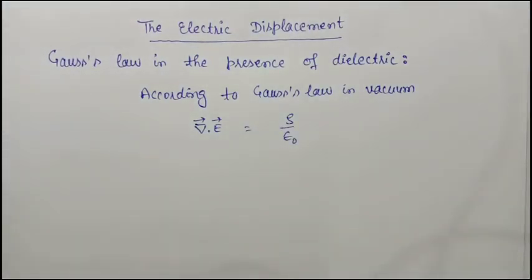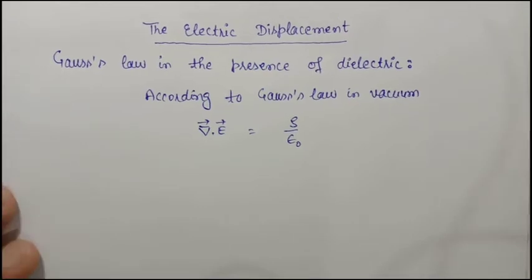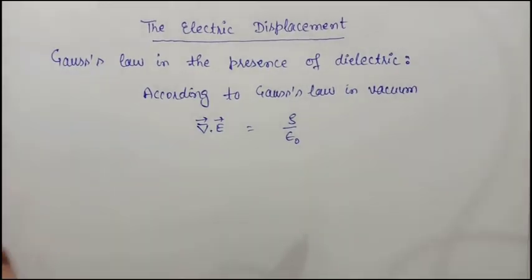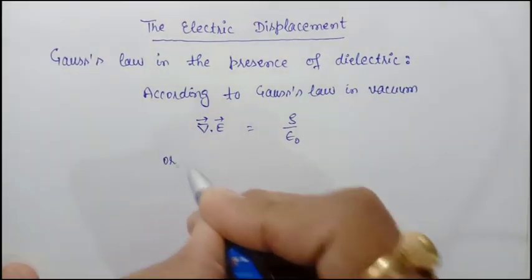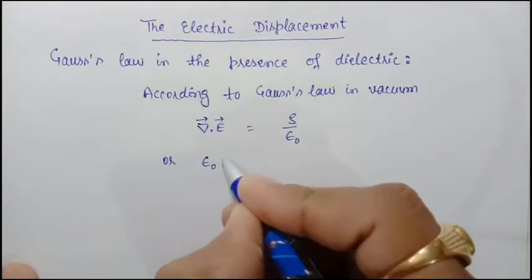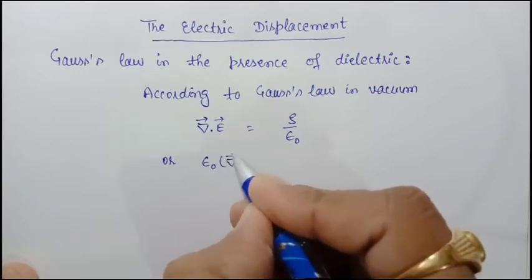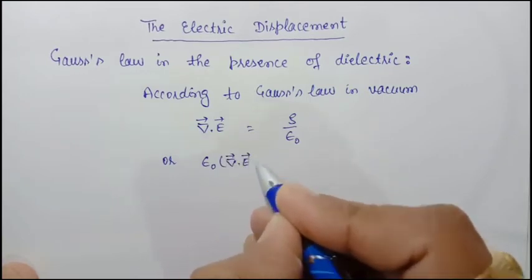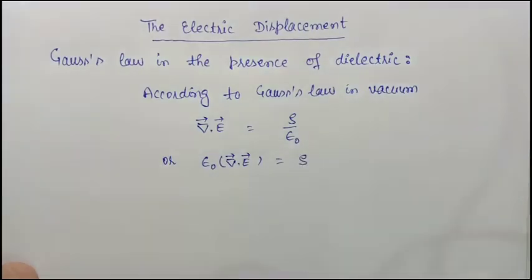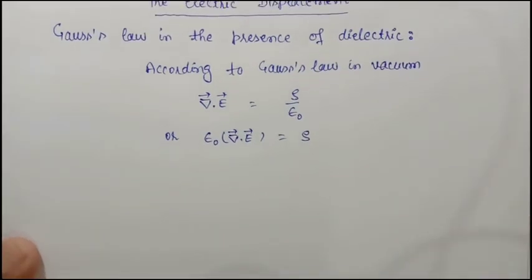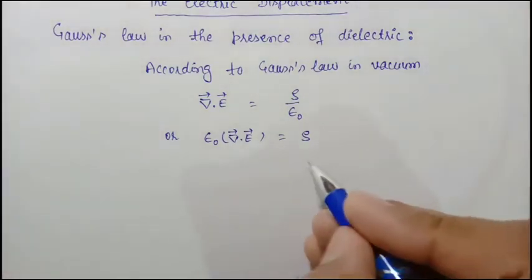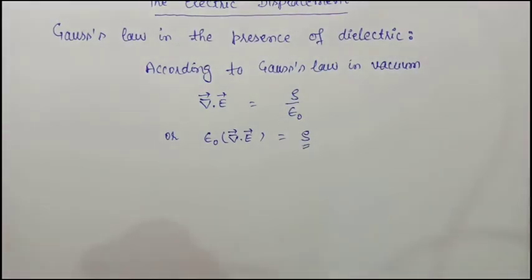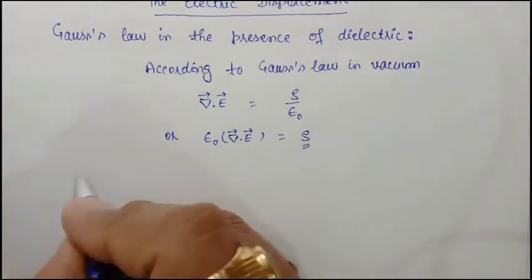That is, divergence of electric field is equals to rho over epsilon naught, or we can write epsilon naught del dot E is equals to rho. So here rho is the volume charge density.